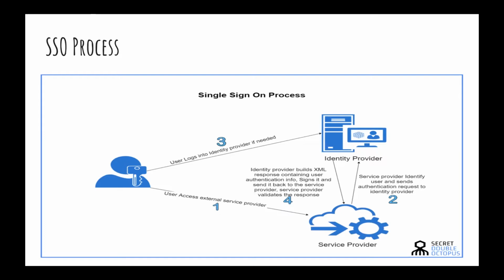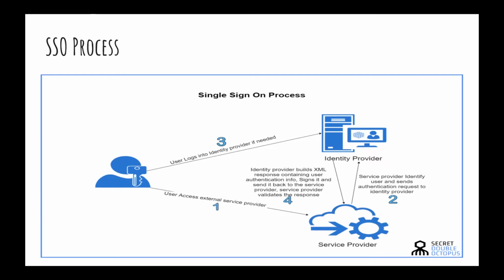As ClickUp is not authorized, first of all, the service provider will request the identity provider to confirm whether it's coming from a valid, confirmed user or not. If it is not, then it will ask the user to give some login authorization info to the identity provider if needed.